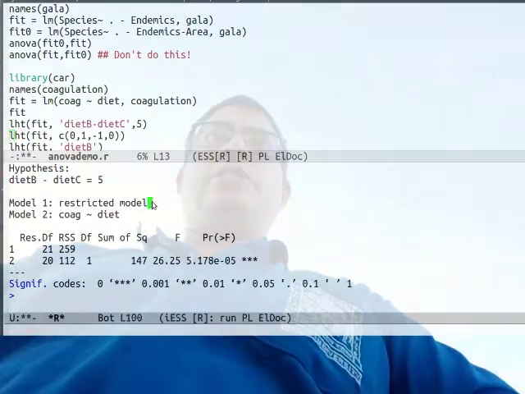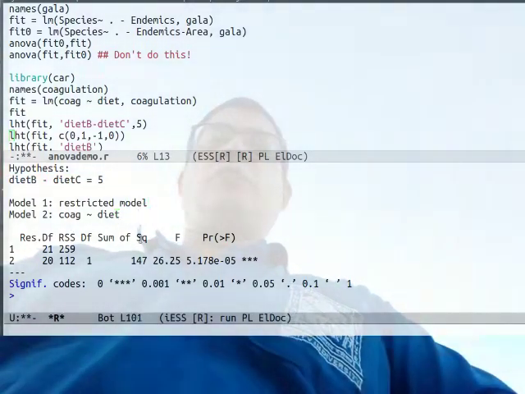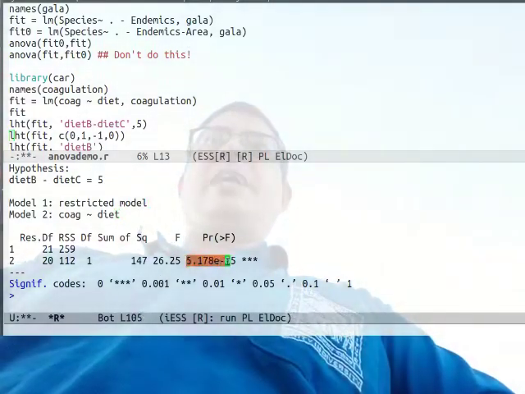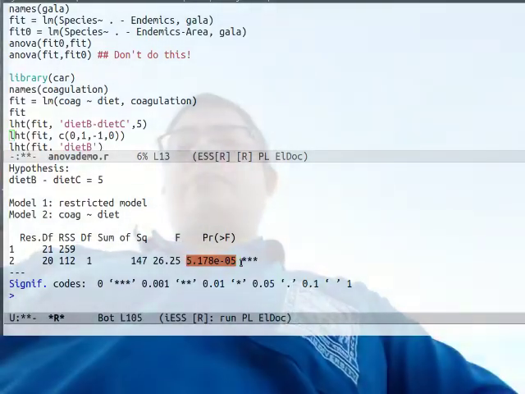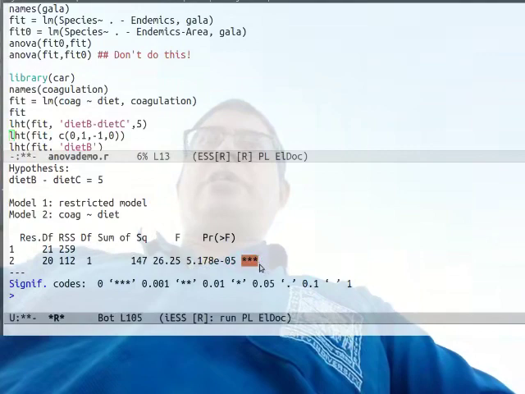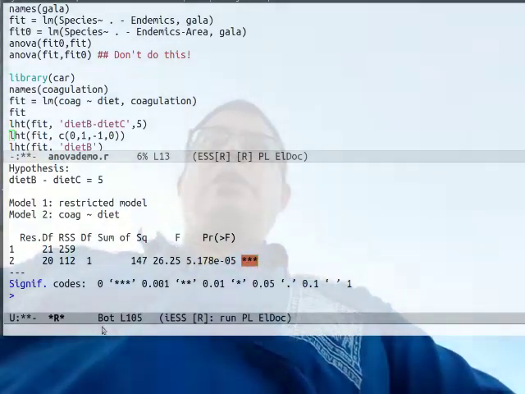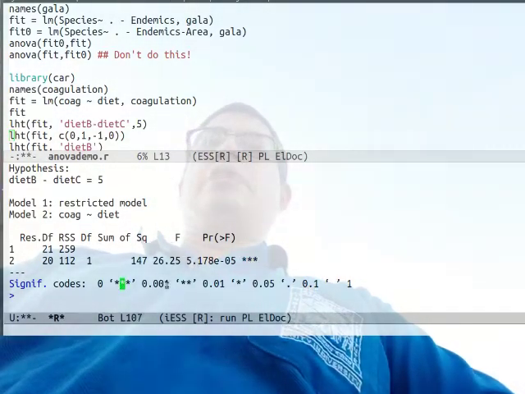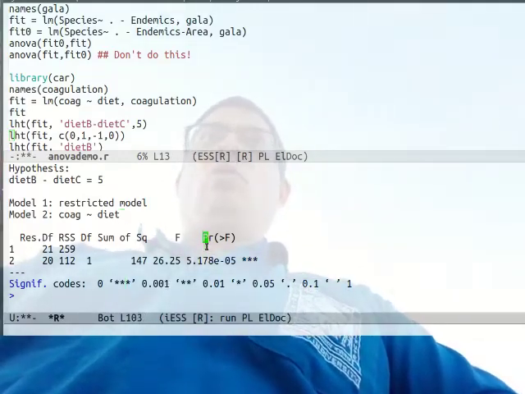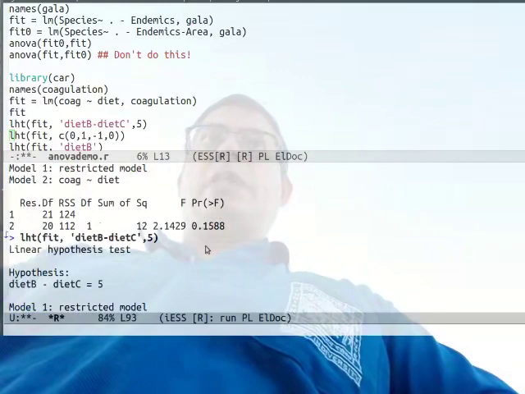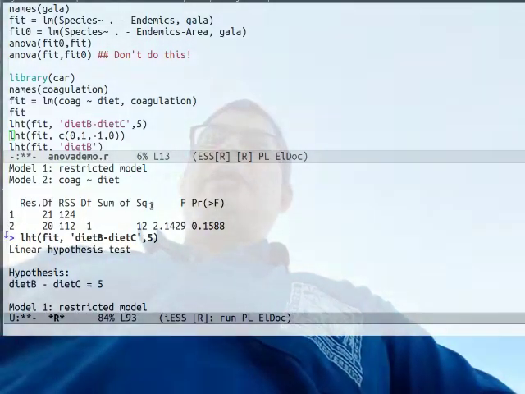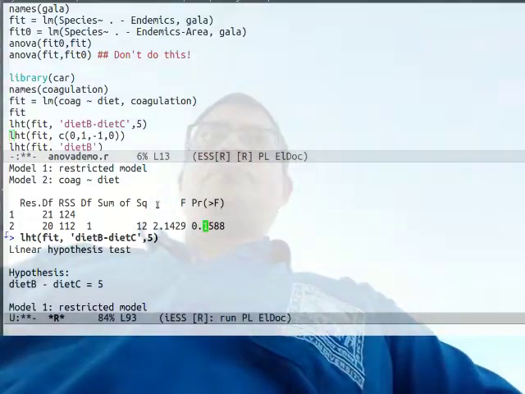So model 1 is a restricted model, model 2 is the general model, and they have tested it, and this p-value you can see is very small, much less than say 0.05, so it is highly significant, and they have also given you that significance level, a triple star gives you the significance score. So in this case you reject it. So that difference is by no means 5. And if you look at the last time, I had p-value 0.1588. So diet B is basically same as diet C.